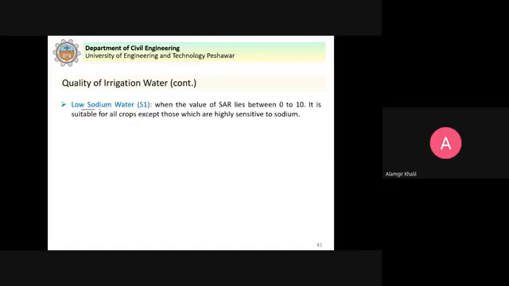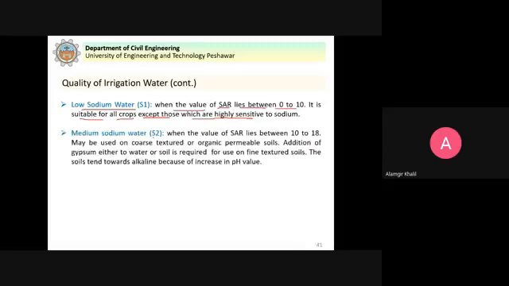We have low sodium water. When the value of SAR lies between 0 to 10, it is suitable for all crops except those which are highly sensitive to sodium.